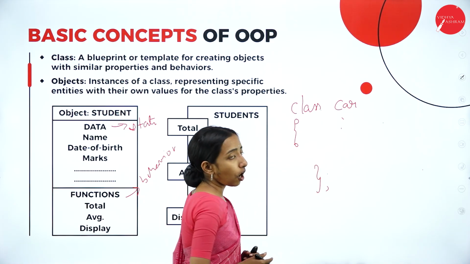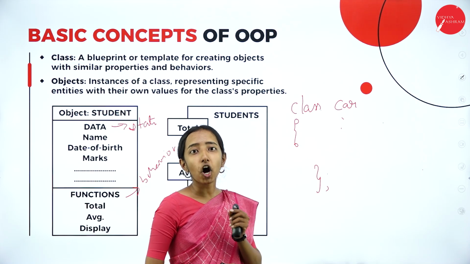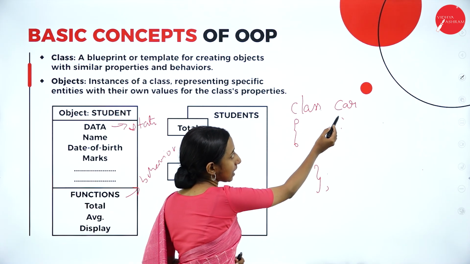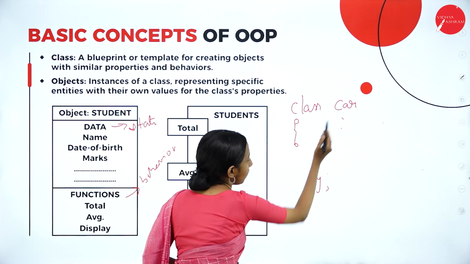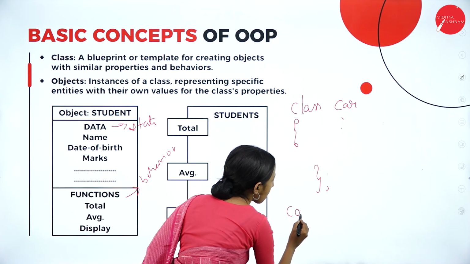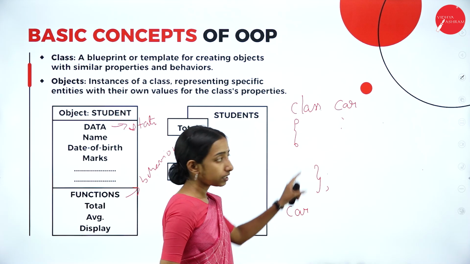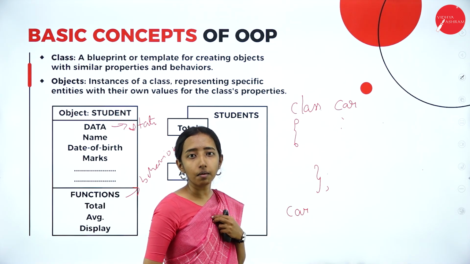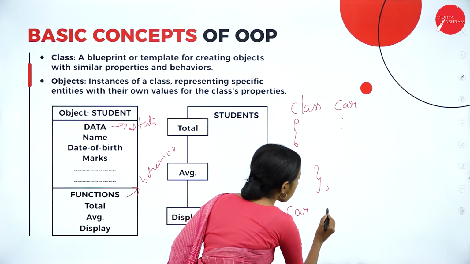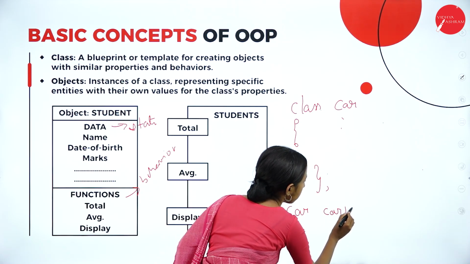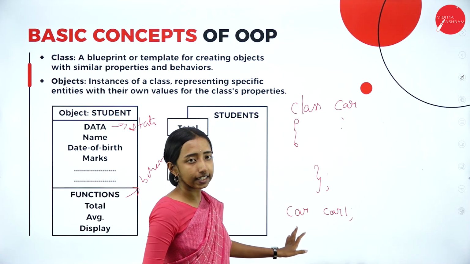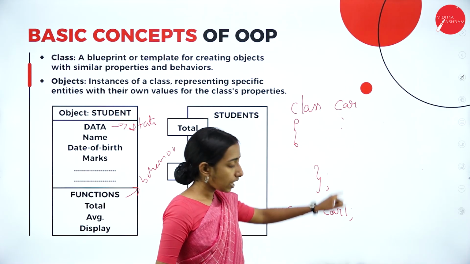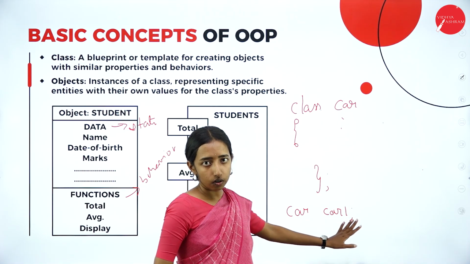For this, we also have to create the object. So, how to create an object? We take the class name that we have given, car, and the object name that I am going to give. So, car1. Now I have created an object for the class named car as car1.